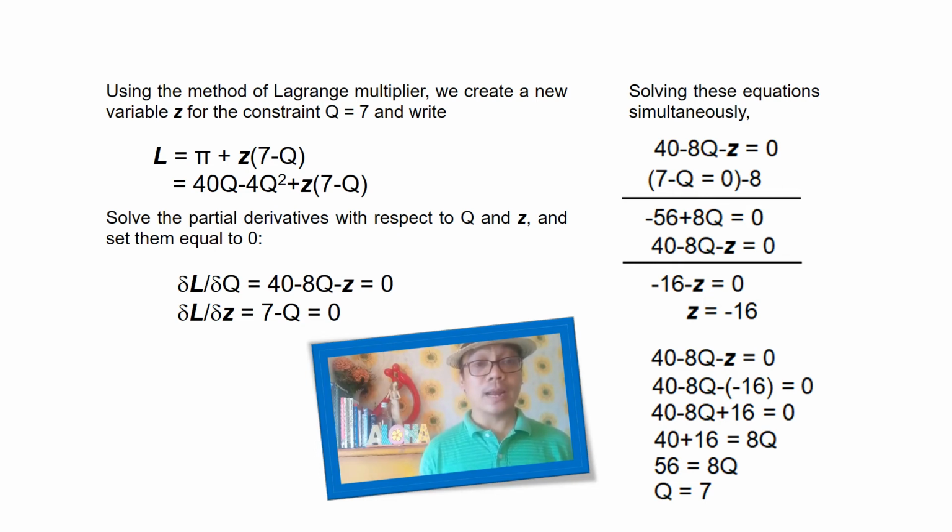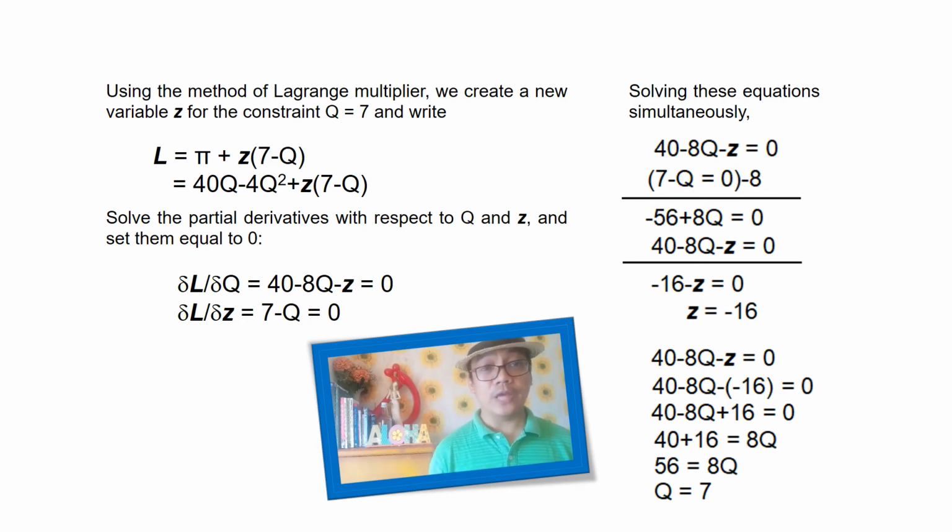Solve the partial derivative with respect to the two variables, q and z, and set them equal to 0. That is, the partial derivative of the Lagrangian function with respect to q is equal to 40 minus 8q minus z equals 0. Now, the partial derivative of the Lagrangian function with respect to z is equal to 7 minus q equals 0.